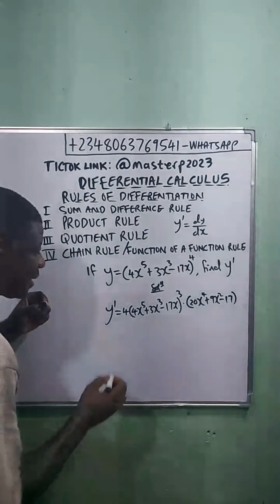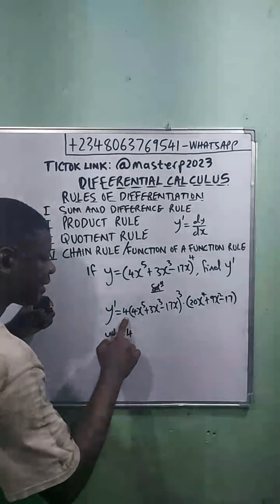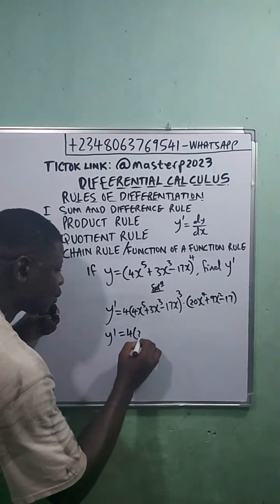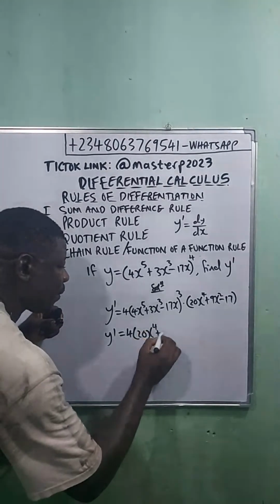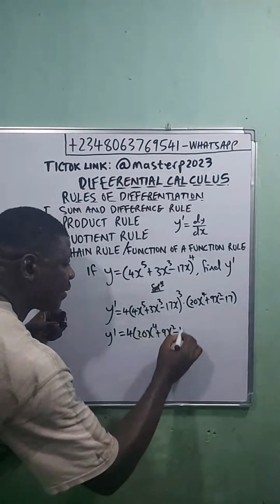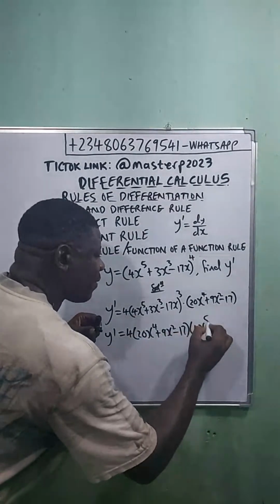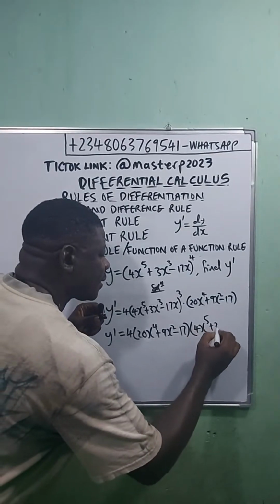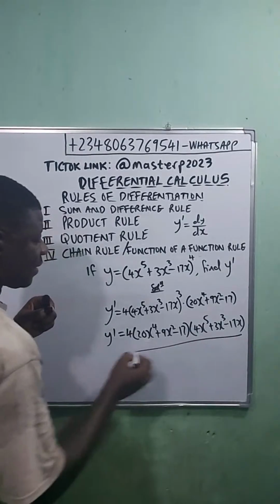So at the end, my answer is y prime equals 4, times (20x to the power 4 plus 9x squared minus 17), into this: (4x to the power 5 plus 3x to the power 3 minus 17x) to the power 3. This is the final answer.